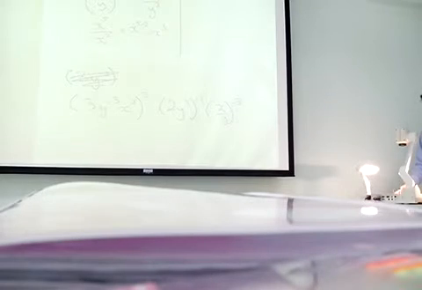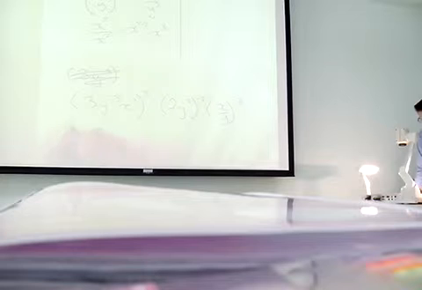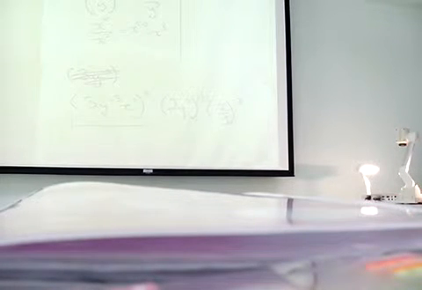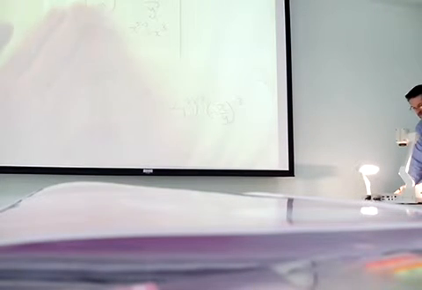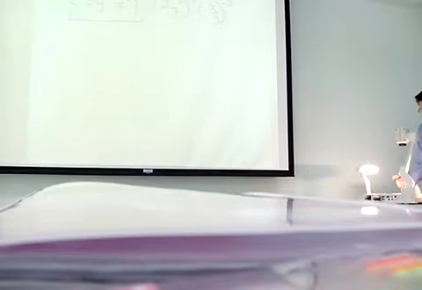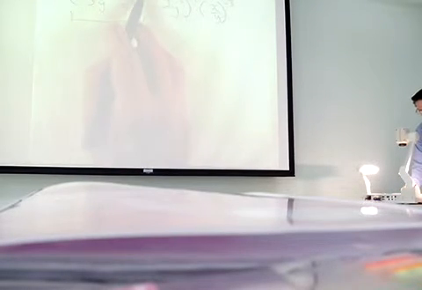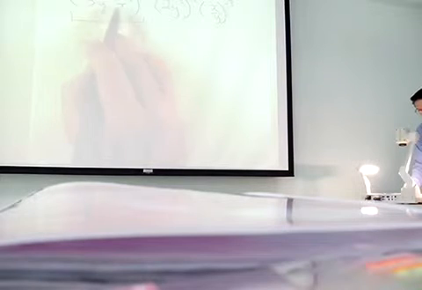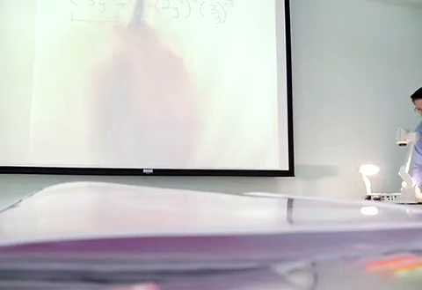Okay, so this is our question. So first, let's look at this part. The first thing to do in this case would be to separate each one of these terms with the exponent.